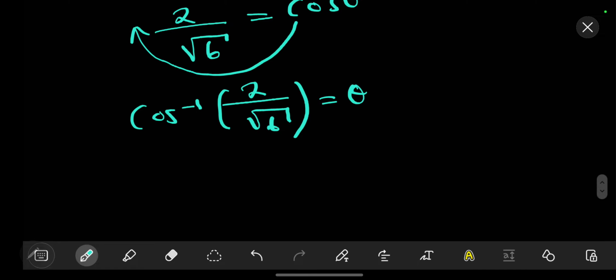So when we find the angle here, we have the cos inverse of 2 divided by the square root of 6. This will be equal to a value that is 35.26 degrees. So this is our angle there. So that is how you deal with a dot product that involves cubes.